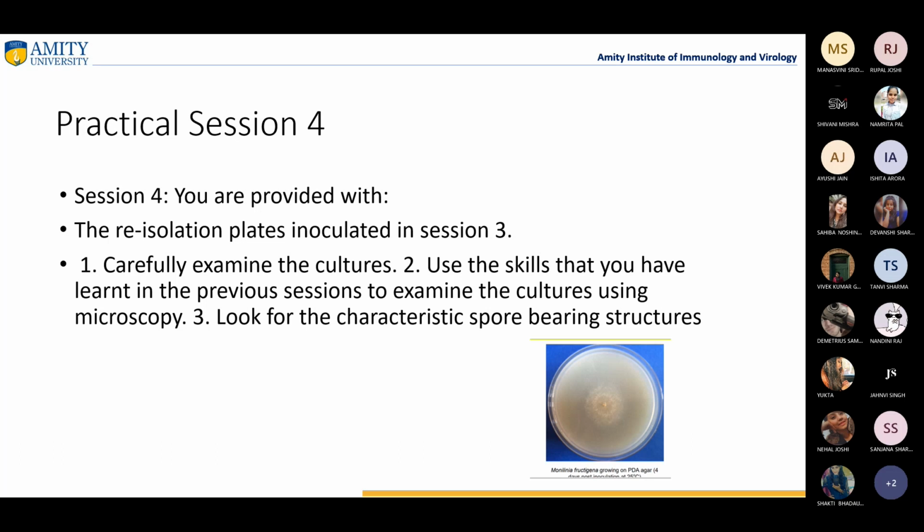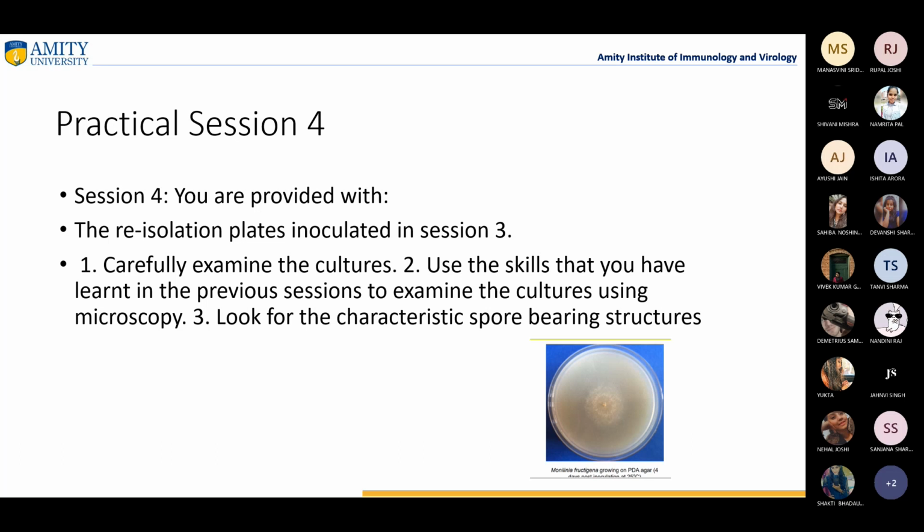Again, we'll examine the culture, observe it, and see it under the microscope, to see whether the same kind of conidia or spores or fruiting bodies are observed or not. And after that, if everything is fine, the same fruiting bodies and same conidia structure are observed, we can say that this particular disease is being caused by this particular pathogen on the apple.